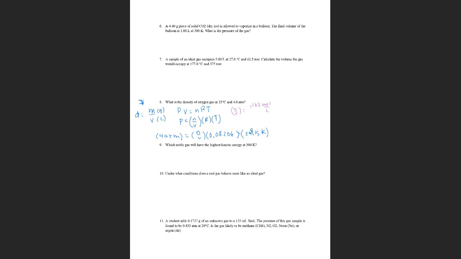Okay, so then how do we convert this to grams over liters? Multiplied by molar mass, correct. And molar mass is 32 because it's oxygen gas, and oxygen gas always exists as a diatomic, so it's O2. So you know it's 32 grams per mole.